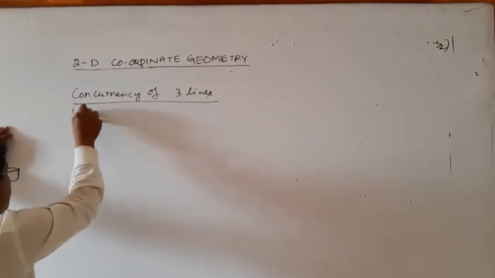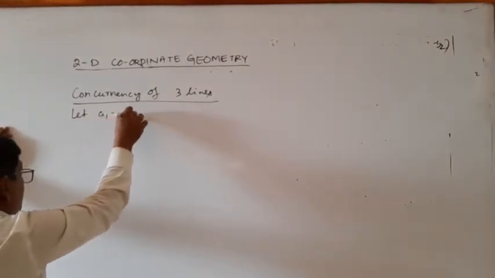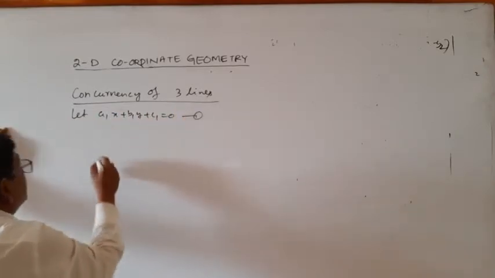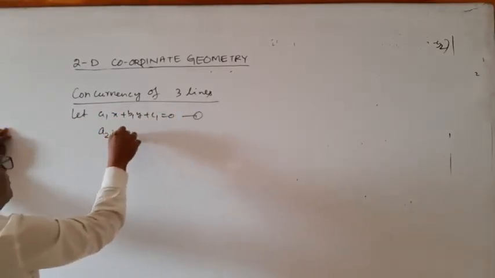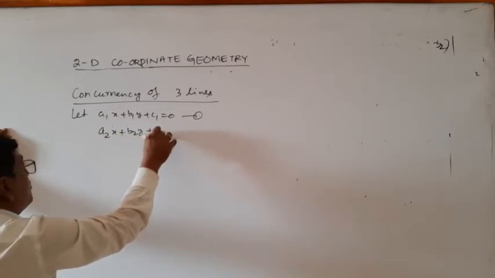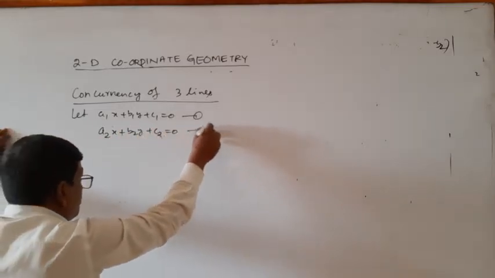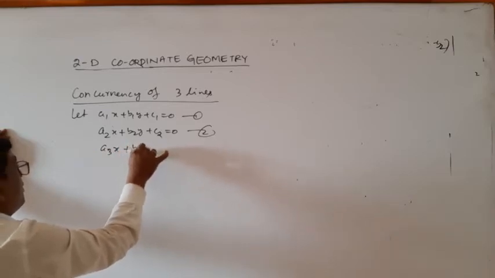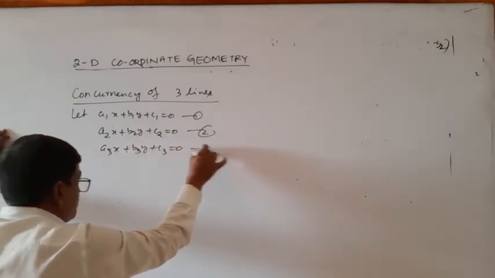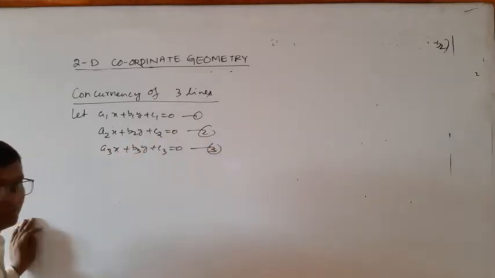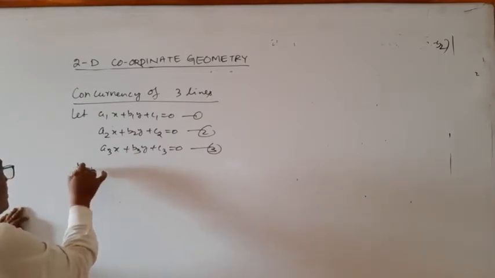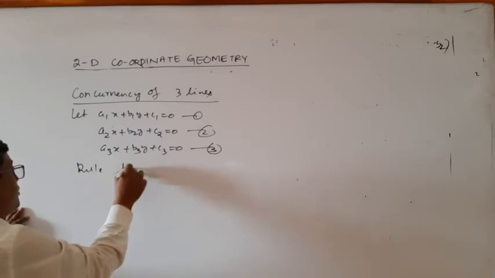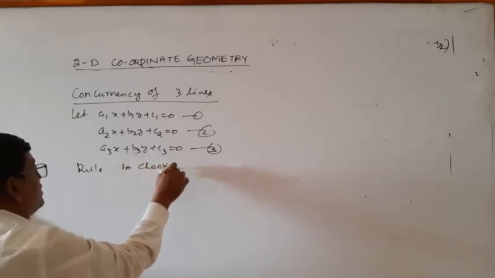Let a1x plus b1y plus c1 equal to 0 be equation 1, a2x plus b2y plus c2 is equal to 0 equation 2, a3x plus b3y plus c3 equal to 0 equation 3. A rule to check concurrency.